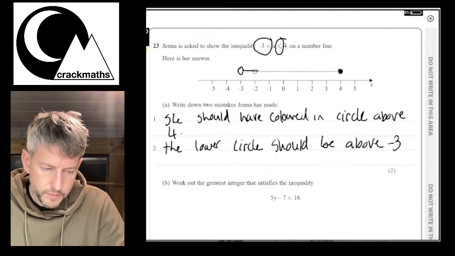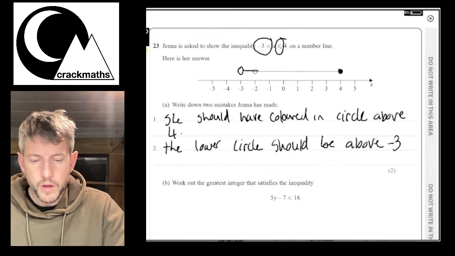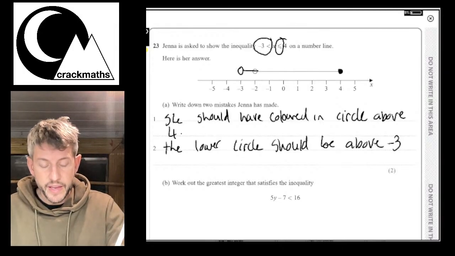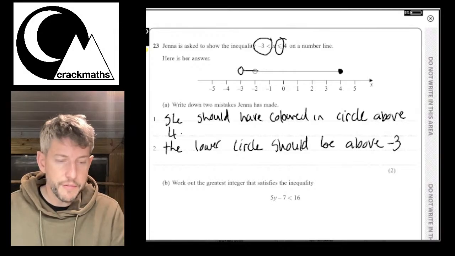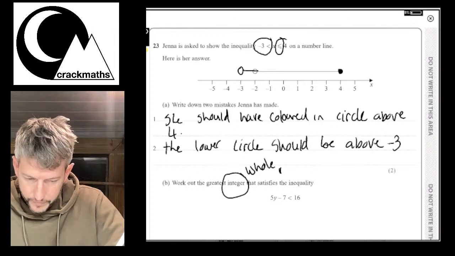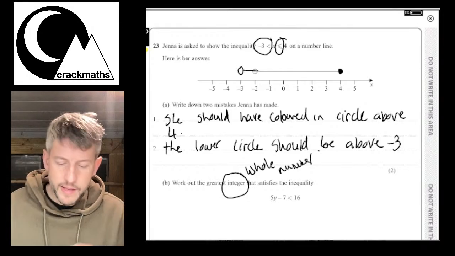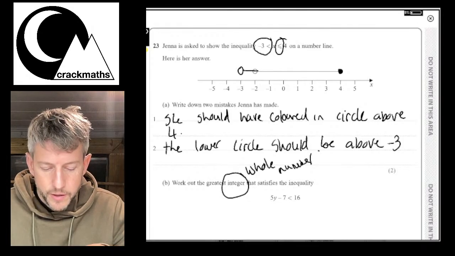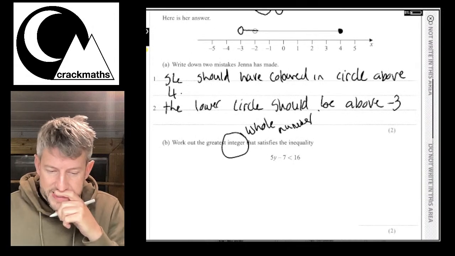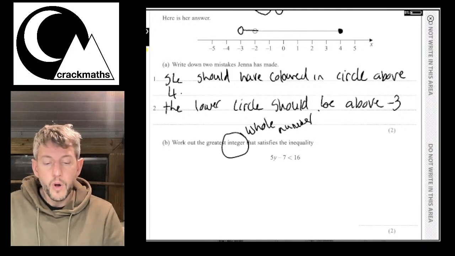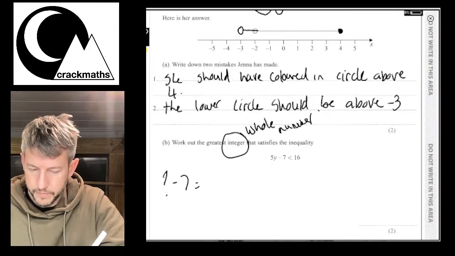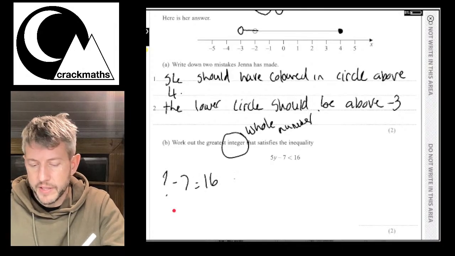Okay, work out the greatest integer that satisfies the inequality 5y minus 7 is less than 16. So integer means whole number. Okay, so let's take a look here. So we've got here 5y take away 7 equals 16. So let's think about this. Well, what take away 7 equals 16? Okay, so we can add those together.